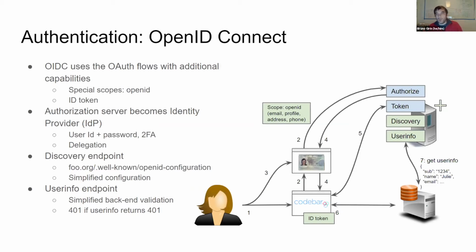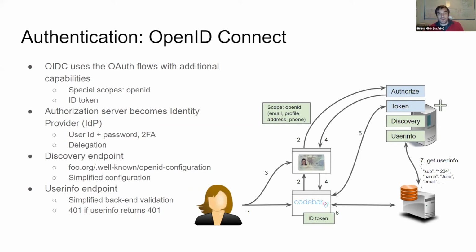But once you send the OpenID scope, it knows that it has to go through the OpenID process, and therefore your authorization server will then act as what OpenID calls an identity provider, where it can do user ID and password, two-factor authentication. It can delegate to another identity provider if it wants to. So that's a situation where you've got your nice username and password form, but you can log in via Google or log in via GitHub. So it does all those things.